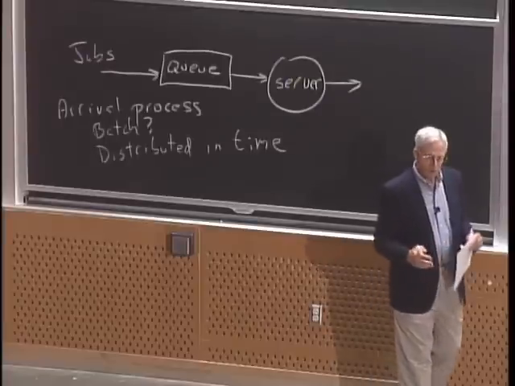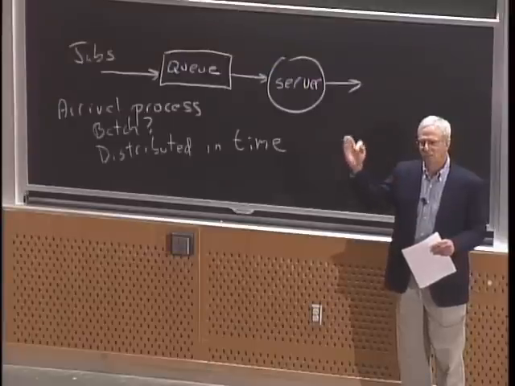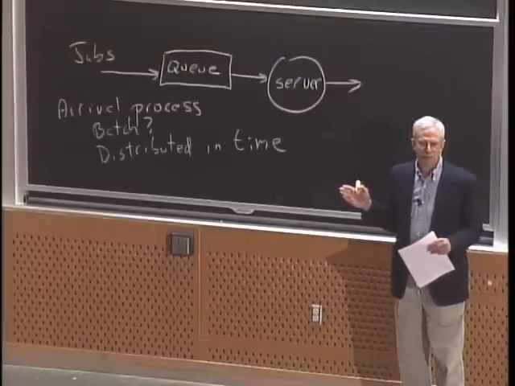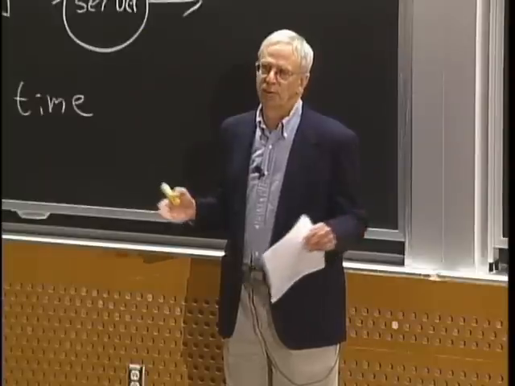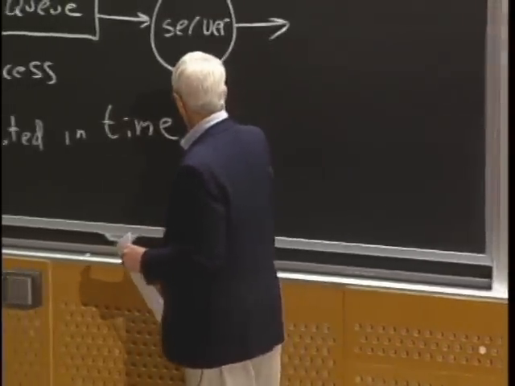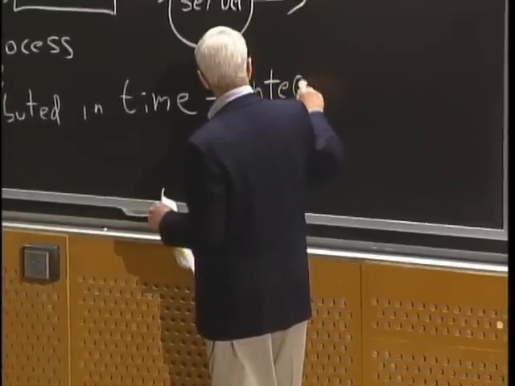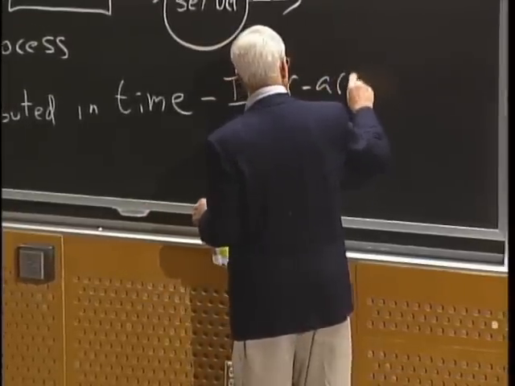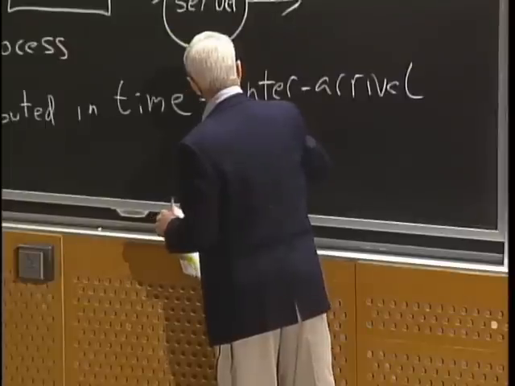Do they come uniformly at evenly spaced intervals? Do they come at random times? If random, is there a time of day when we see most of them? We typically model all of that in what's called an inter-arrival time distribution.